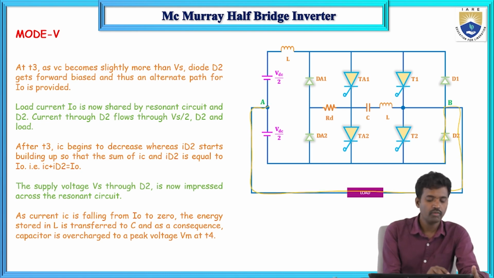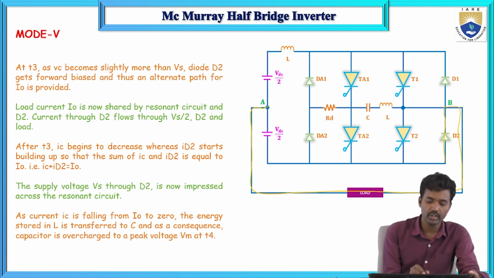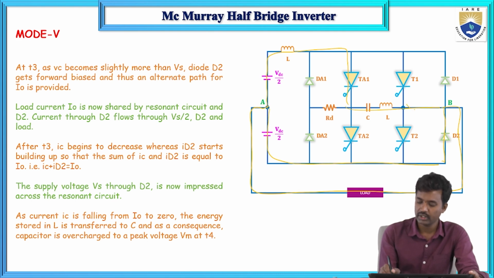So now what will happen? The load current is now shared by the resonant circuit. This current flows through Vs by 2, and there is another path like this. This is IC, this is I0, and this is ID2, not ID1.